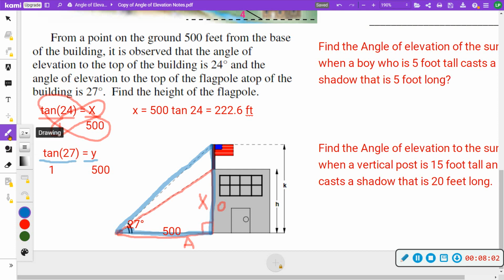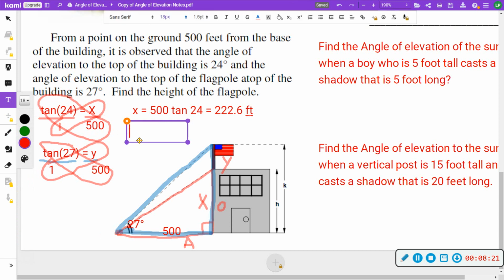I then cross multiply. So I take 1 times y. Remember, y is the distance of the whole thing. That's going to be y. And I'm going to set that equal to 500 times tan of 27. So I get 1y equals 500 times the tan of 27.